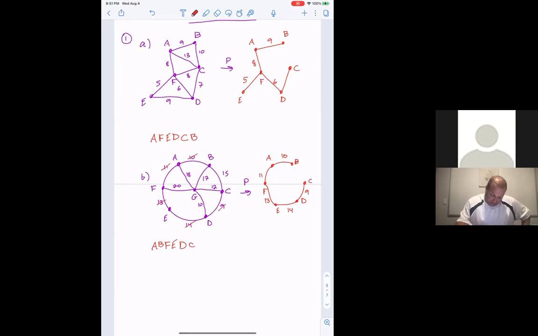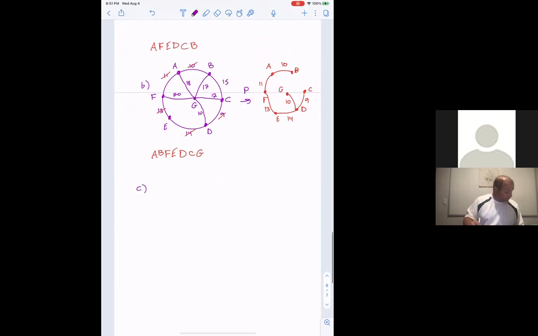So 14 and 9 are both done. Out of all the numbers left, I have a 10 from D to G. That's 10. And I have all my vertices. So that is the minimum spanning tree created by Prim's algorithm, starting with A.